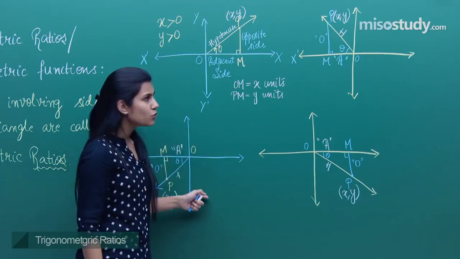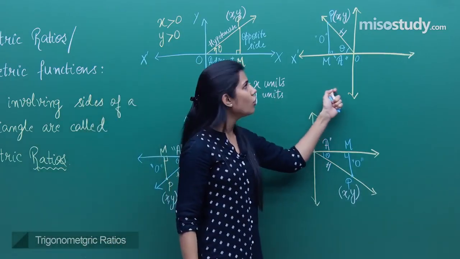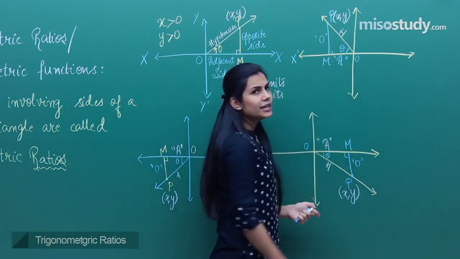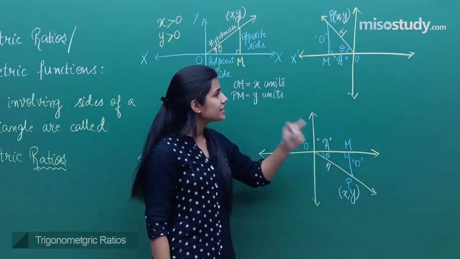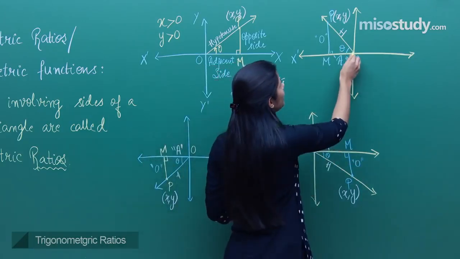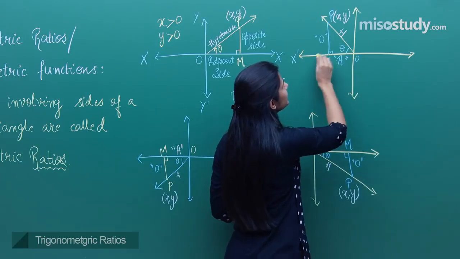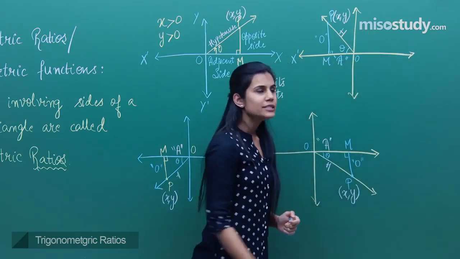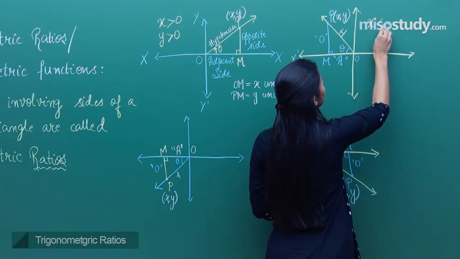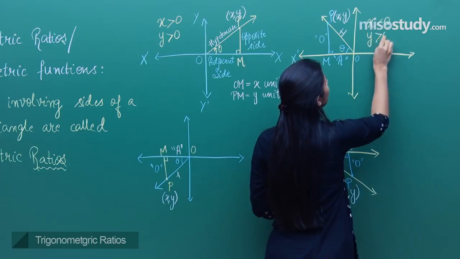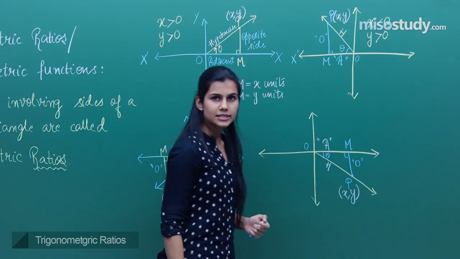In this case, first I should go here, because your entire triangle of reference is in the second quadrant. What happens is that your x becomes negative, but your y remains positive. So your x becomes negative and your y becomes positive in this case.